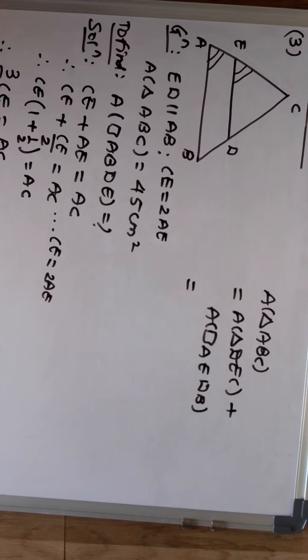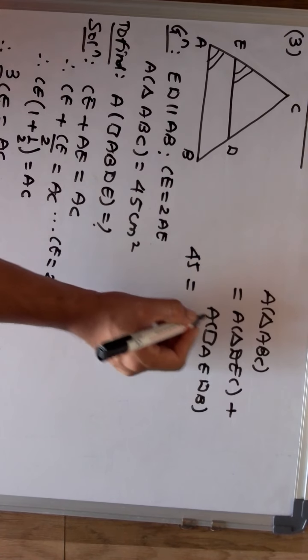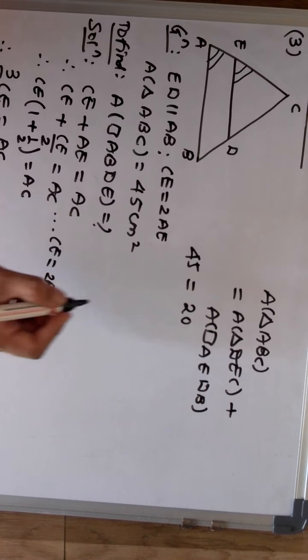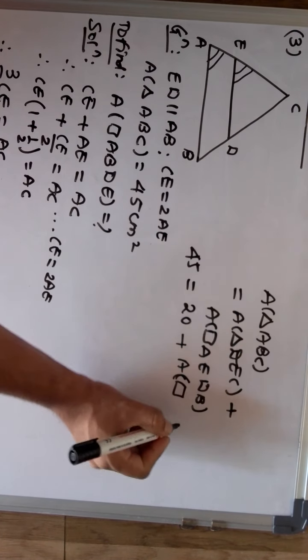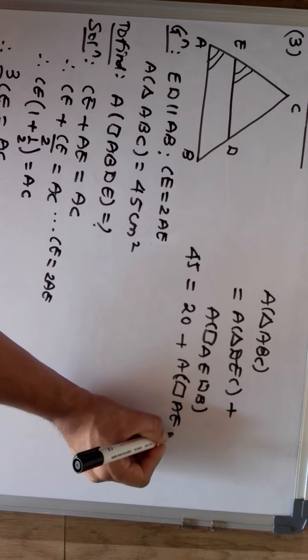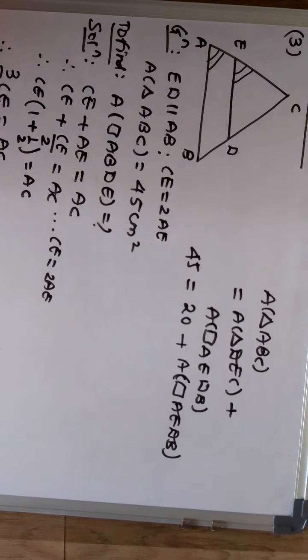So out of that ABC is already known to you area, and that is 45, and this is known to you as 20, I suppose, yes, 20, and this is not known. So now even anyone who knows the basic addition and subtraction can tell me that area of quadrilateral AEDB is your 25 square units. Okay, that is area of quadrilateral is 25 square units.